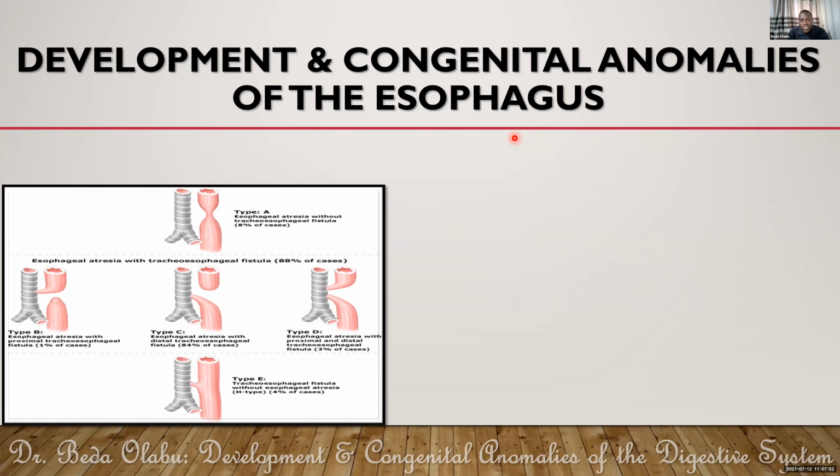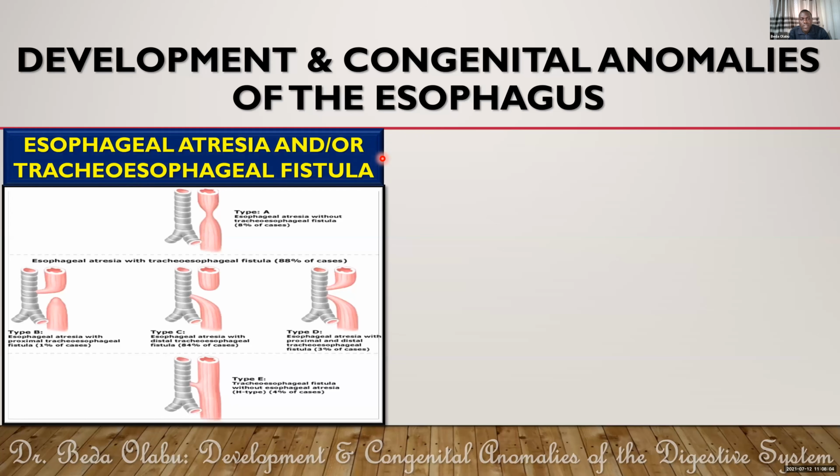If the process of foregut septation does not go on well, then we will have abnormal communications and connections between the trachea and the esophagus. Some of this will also be associated with blockage of the esophagus.